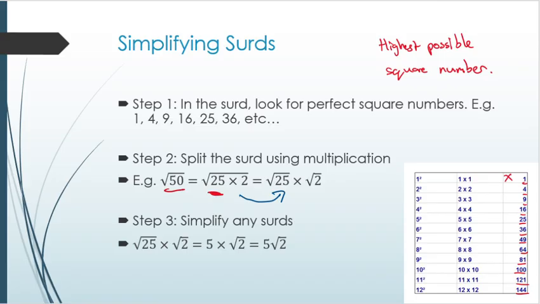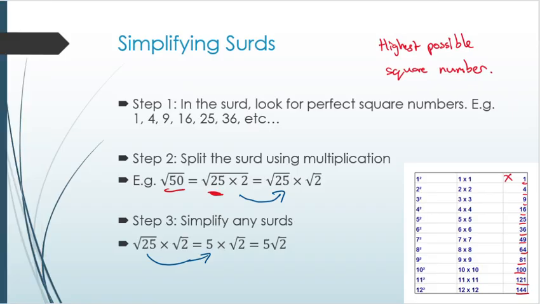So we've just pretty much just split up the square root and we've just written those numbers separately. The next step is to actually just simplify the surd and clean it up. So we know that the square root of 25 actually just equals 5 right here.